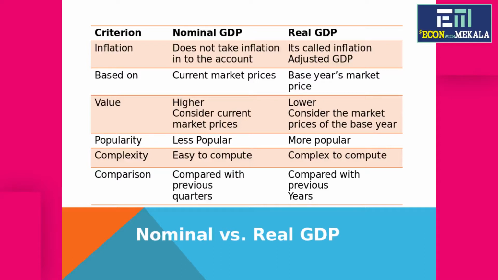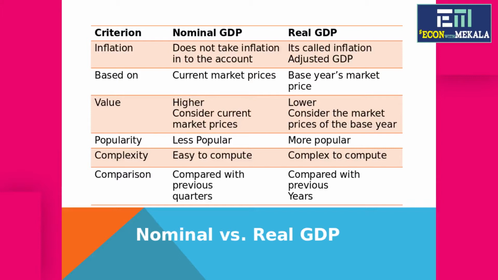Since real GDP is known to be more accurate than nominal GDP, we mostly use real GDP. In terms of complexity, it's very easy to compute nominal GDP, but real GDP is a little complex to compute. For comparisons, we mostly use nominal GDP to compare with previous quarters.